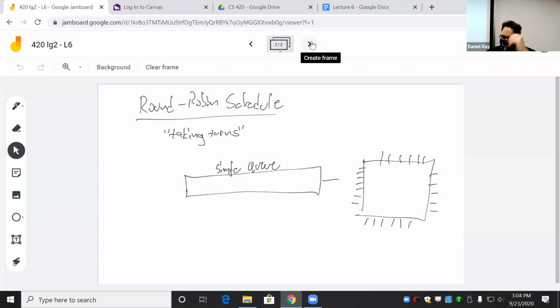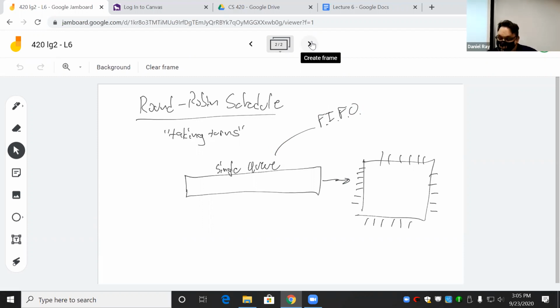Okay? Feeds a processor. And this single queue, like most queues, is first in, first out. Okay? So the order in which processes get access to the processor is first come, first serve.